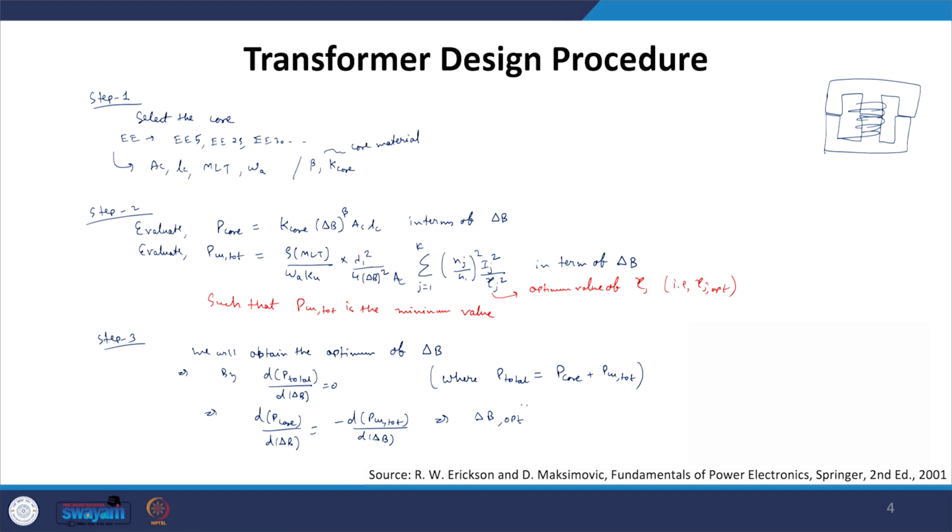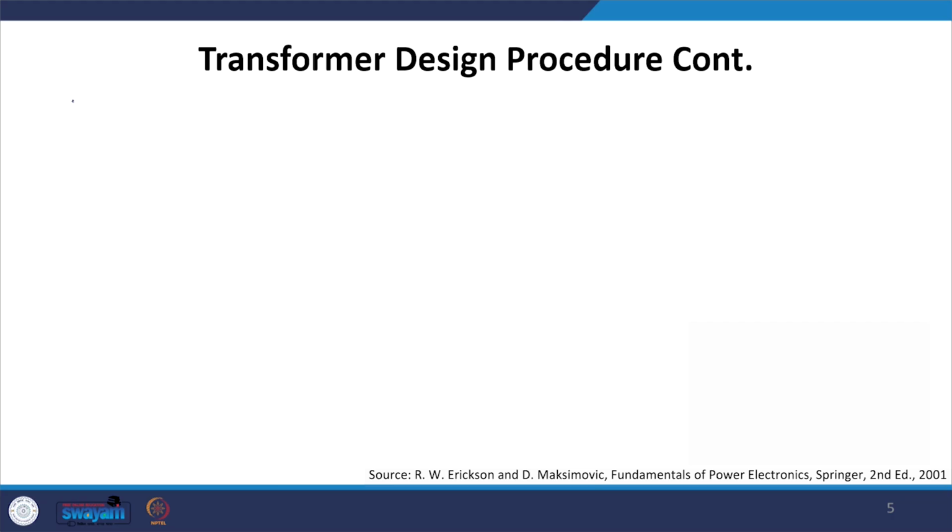Now once we obtain our delta B optimal, let me write down what we are getting: we will get the delta B optimum value. Here from here we will get the gamma j optimum value, and here we will get the delta B optimum value. After this we will go ahead and do step number 4, where we will then evaluate.